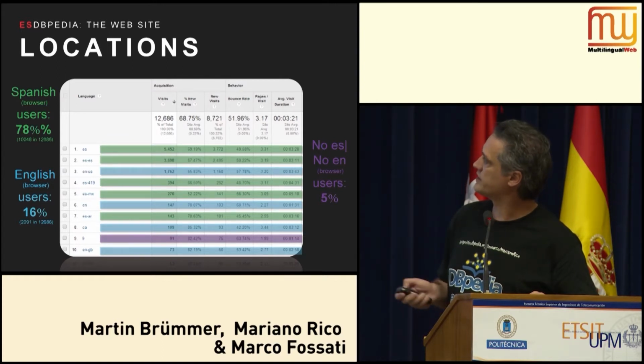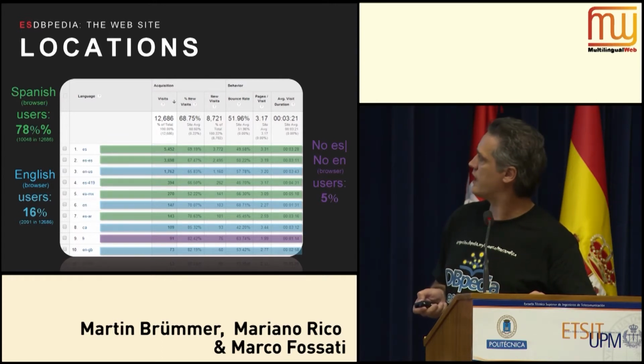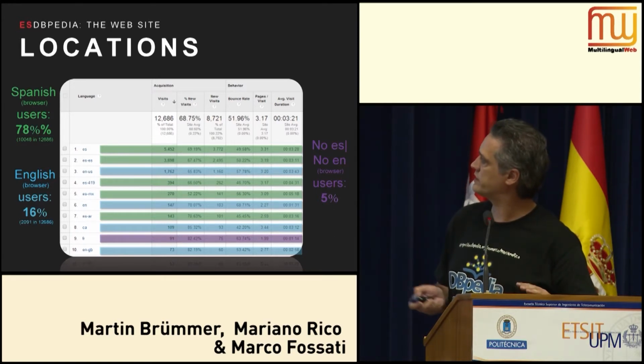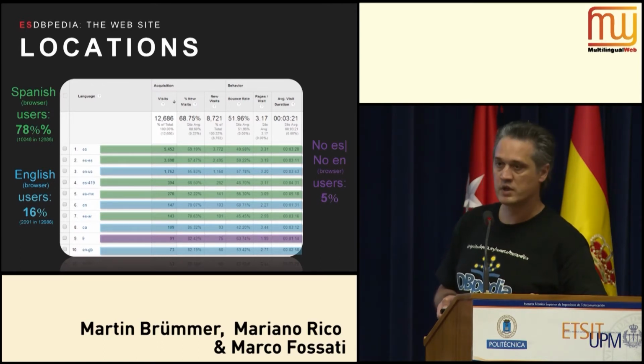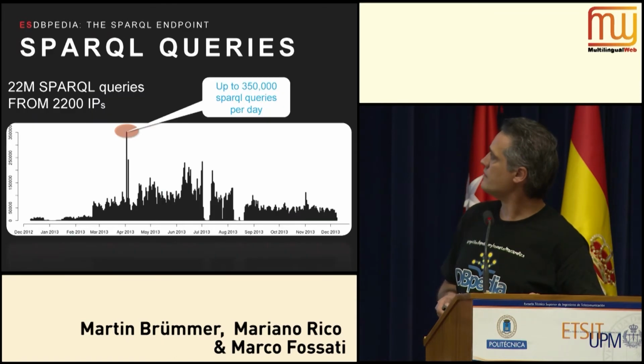And well, this is a ranking of the locations, and as you see, around 70% of the requests to the website were made from Spanish language browsers, but you have also English, 16%, and other non-English or non-Spanish languages.